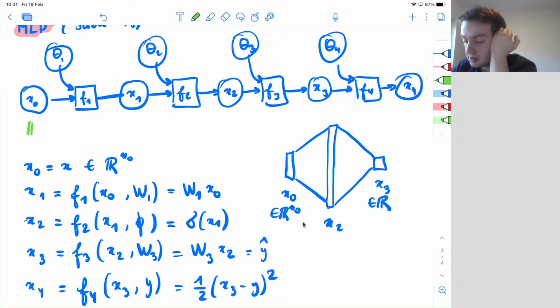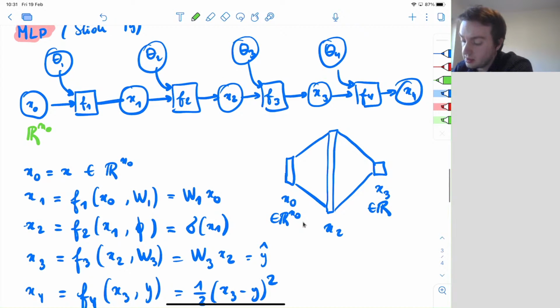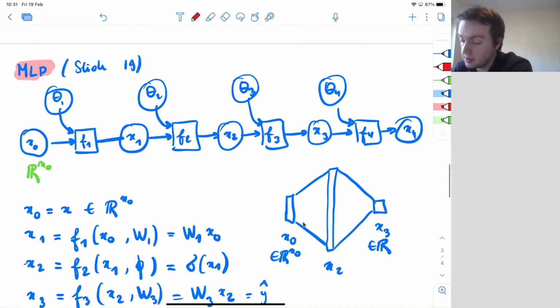So I will also add the dimensions of all these variables to make things a bit easier. The dimension of x0 is the dimension of the input data, right? Then here for theta 1, we would have the matrix W1, which is of size R^(n1 x n0), where n1 defines the number of units in the layer of the MLP.